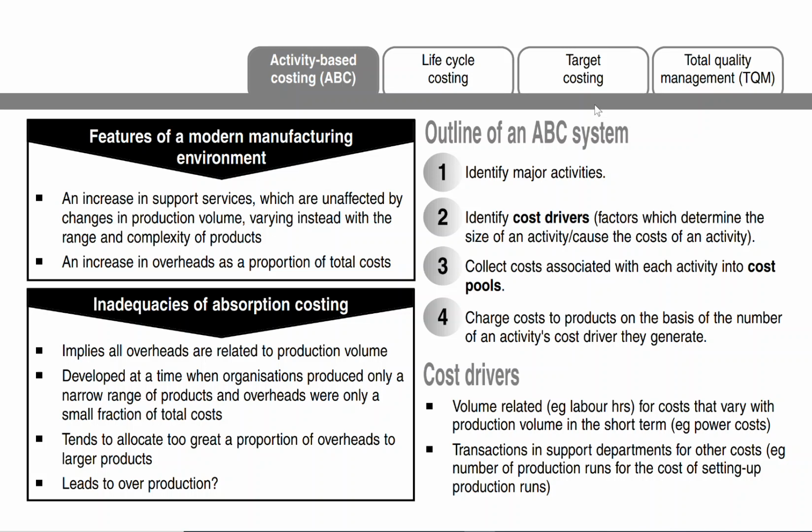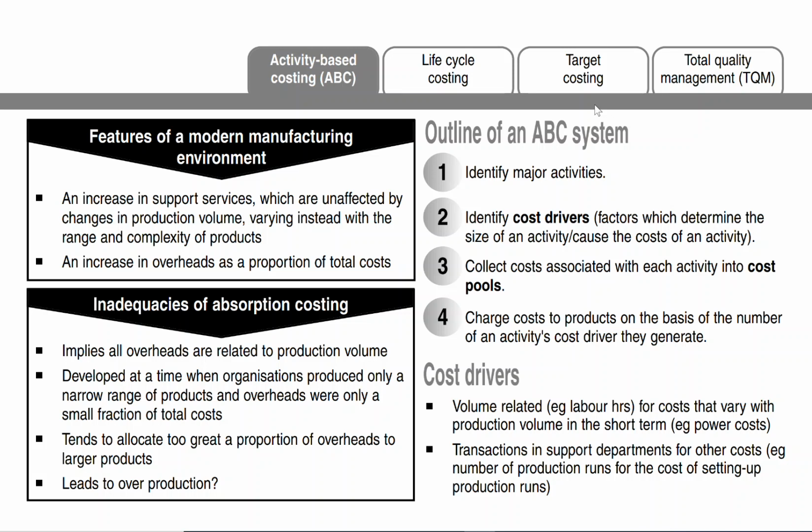But nowadays, in the modern world, overheads have become a significant proportion of the cost, even more than 70% of the cost. So if we are not accurate in dividing cost that is 70%, obviously the cost of our product and the valuation of our product will not be relevant.